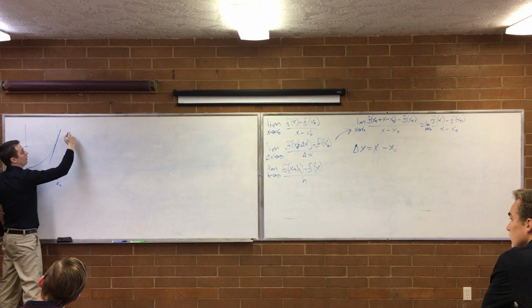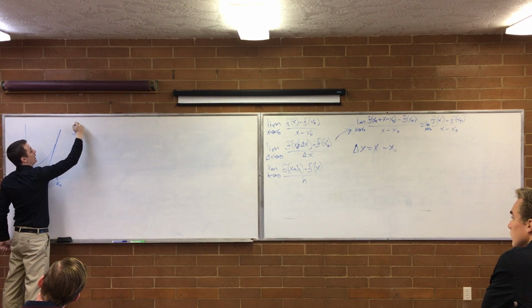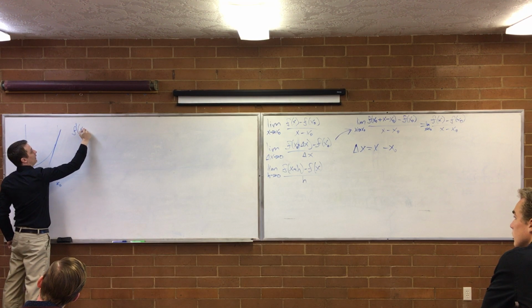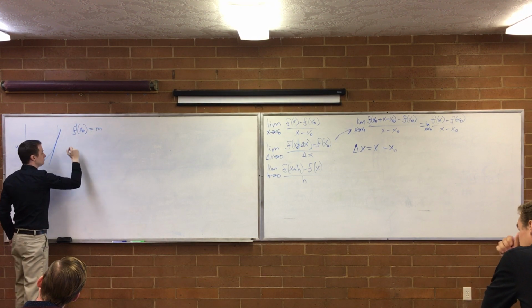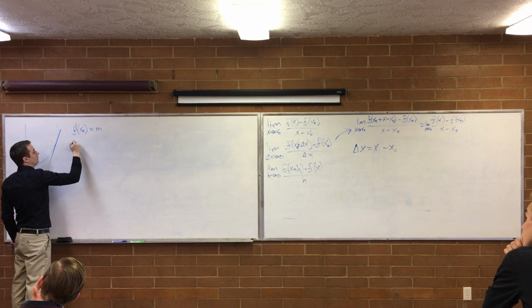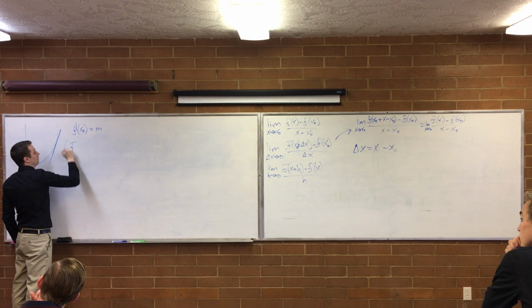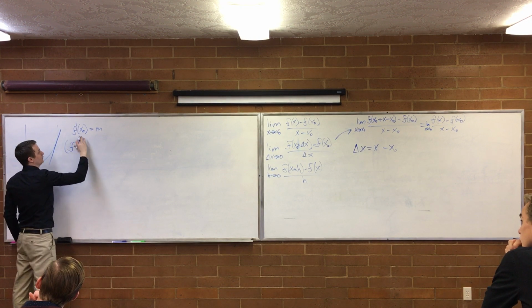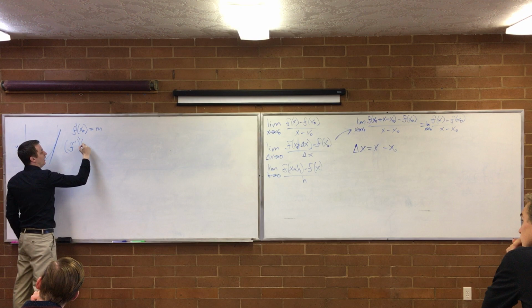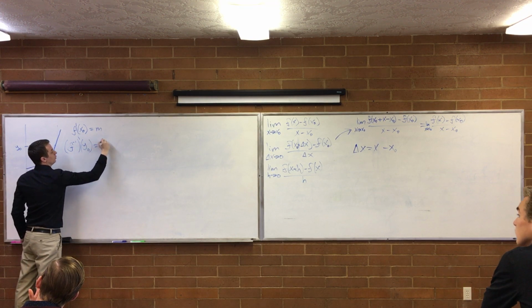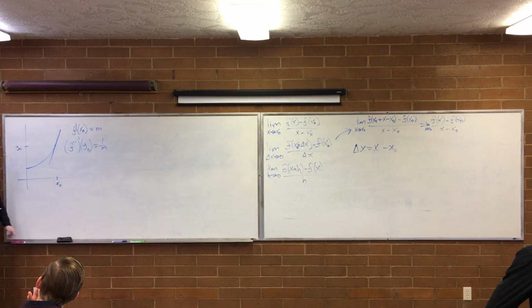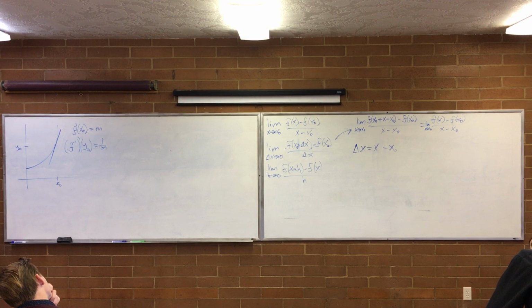So if f prime at x naught was equal to m, then we expect f inverse prime at y naught to equal 1 over m, intuitively. So let's make sure that the intuition makes sense, and then we'll do some examples to see it happening, then we'll do the proof.